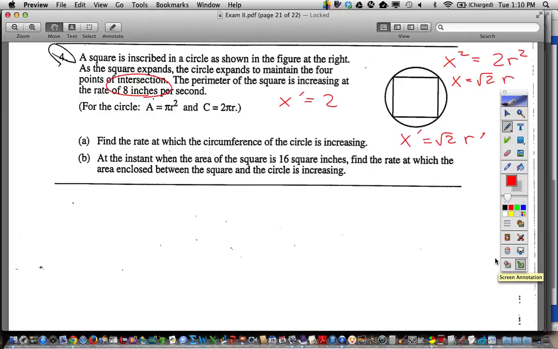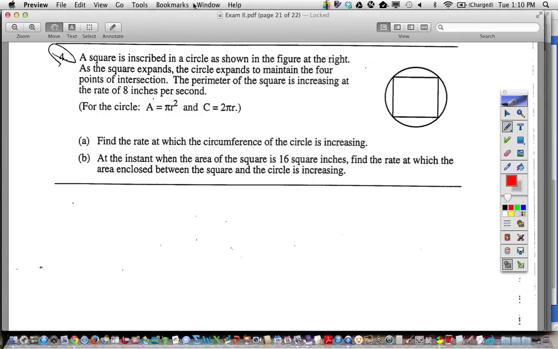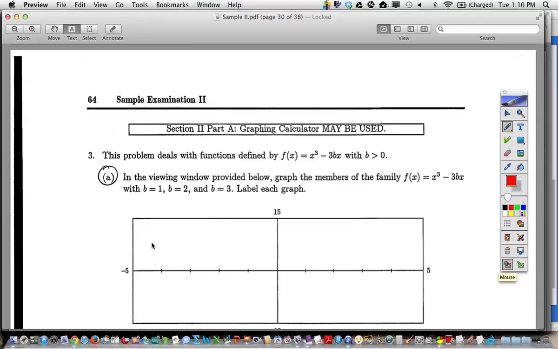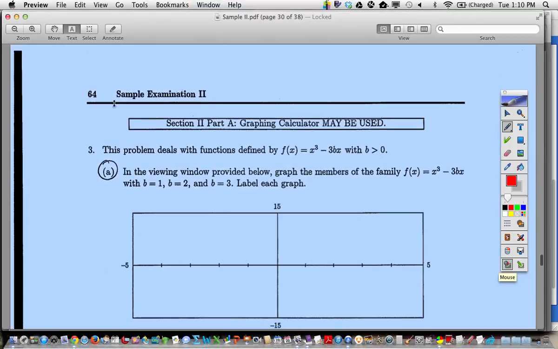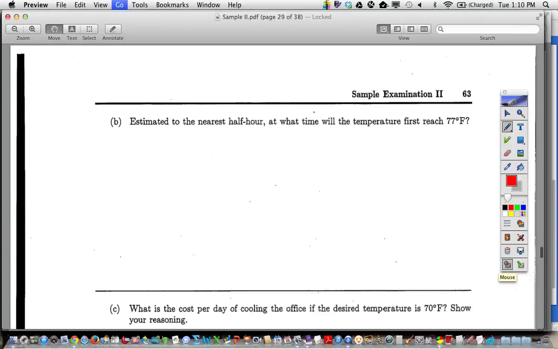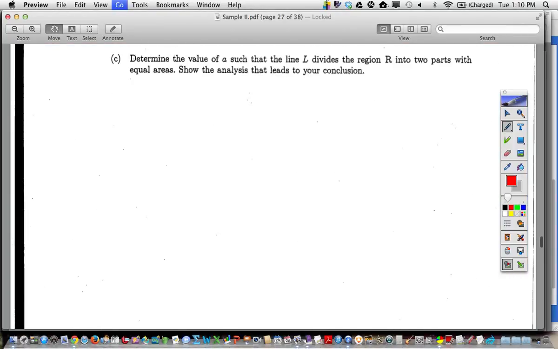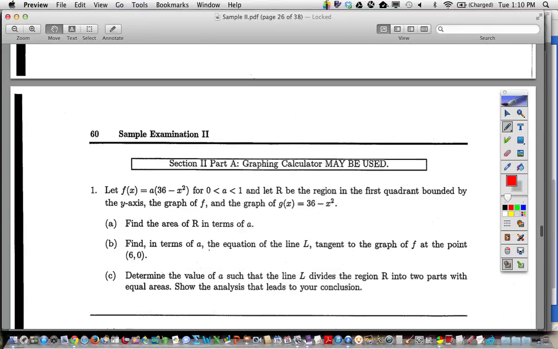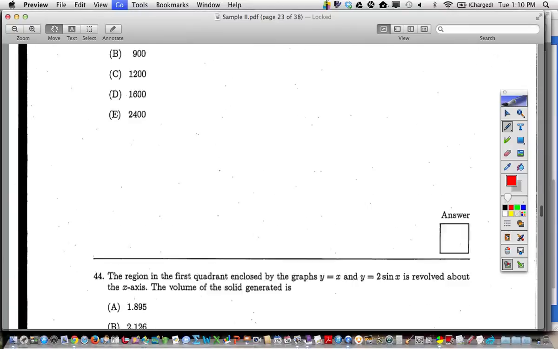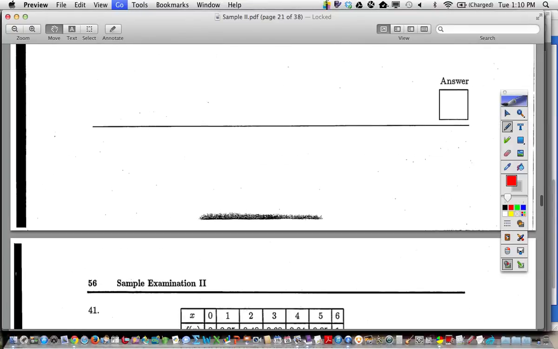Yes, sample 2. Yes, we could go back to there, no problem. I found the answer for 32 just by guessing the answers they gave. Sample 2, number 32. This would be on the calculator one.